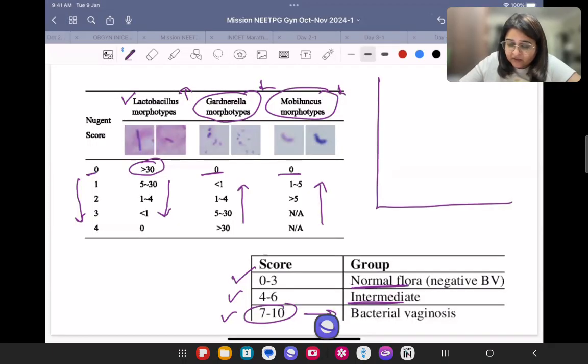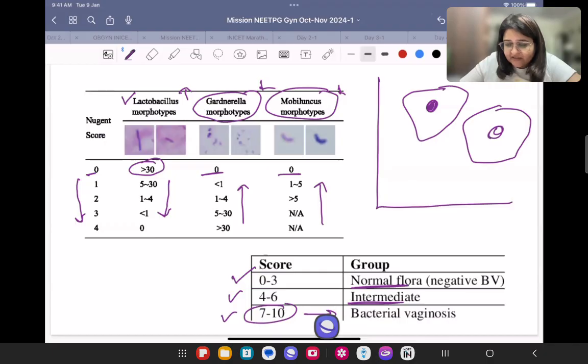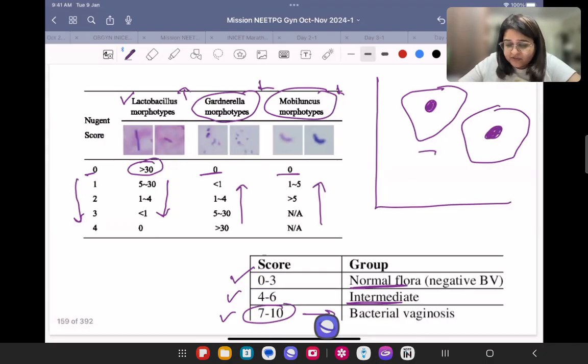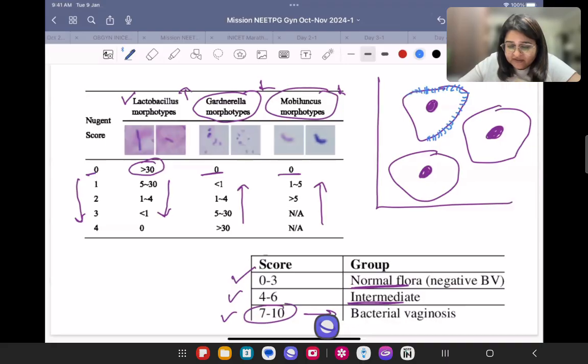So what happens in clue cells? Normally when you make a vaginal smear slide, you see large polygonal vaginal epithelial cells which look like this. Okay? This is normal. You'll see nice big cells. What happens in clue cells? In clue cells, these vaginal epithelial cells get coated with the Gardnerella and the Mobiluncus. Okay?